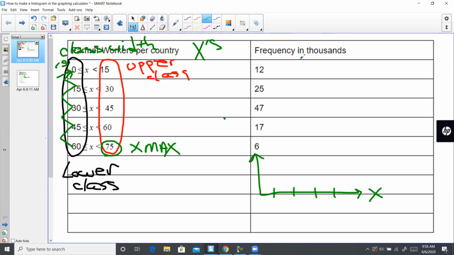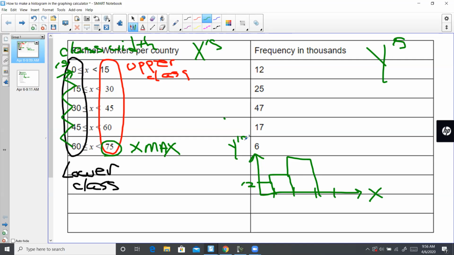And then our frequency is our y's, so that's the bars of the histogram. I'm just going to say this goes up to 12, and then this goes up to 25. Next one's going to be like a 47, that type of thing. So these are our Y's.